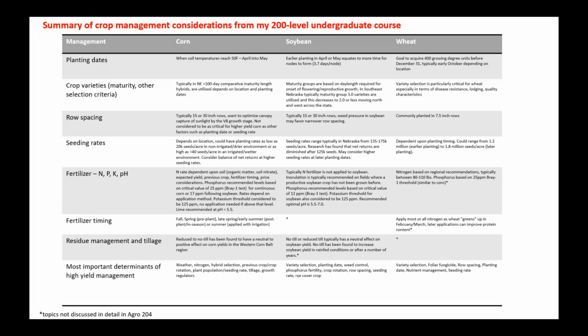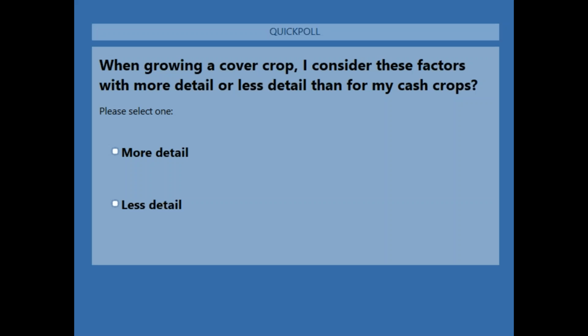But so I want to say that off the bat, but I also want to ask you all a question here too. So I would like to know, when you look at this list of different management considerations, and of course, you know, we have some producers on the call. I'd like to hear from everyone.